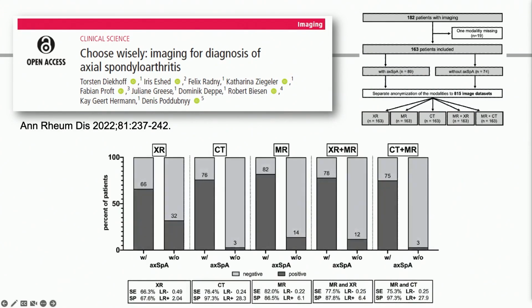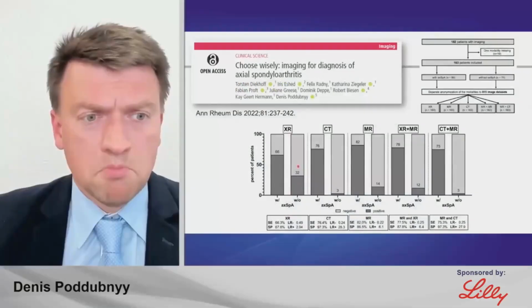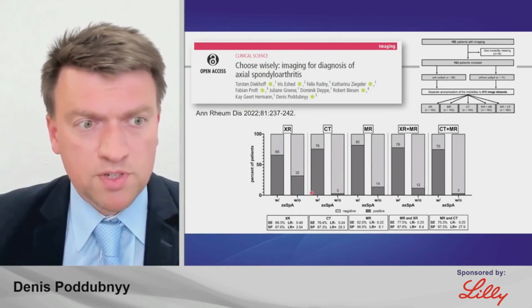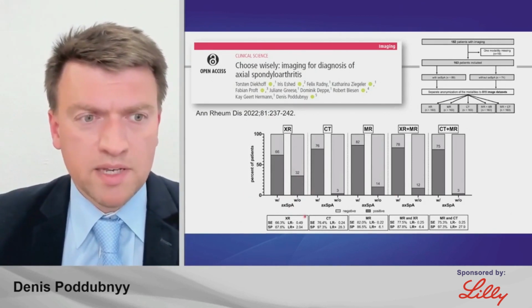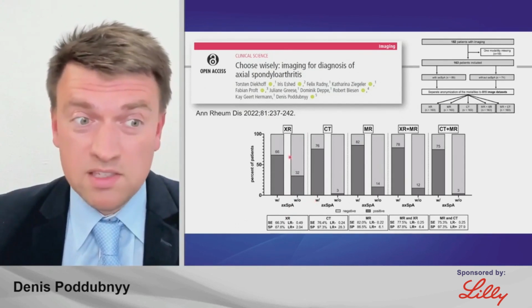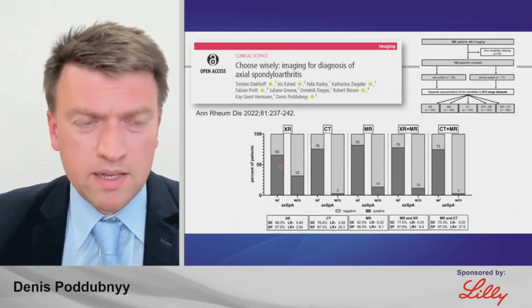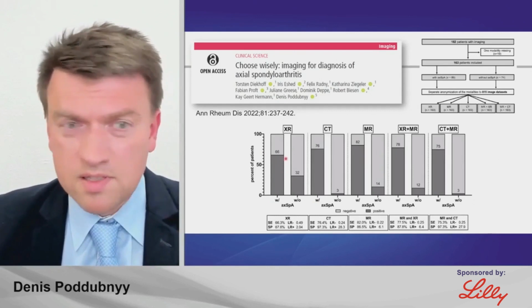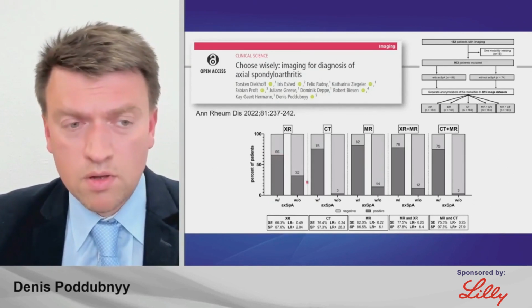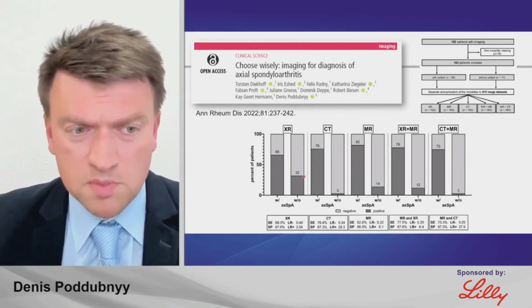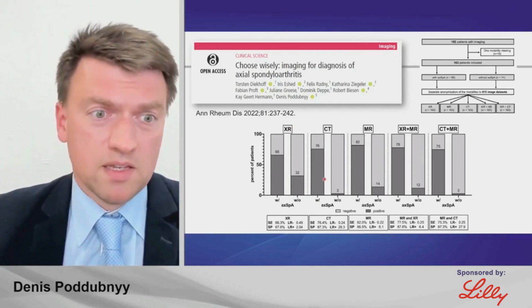Here you see the major results. Here you see the sensitivity and the specificity of the finding, or a proportion of false positive findings. If you look at X-rays, then you realize that this method is neither really sensitive, only 66%, nor very specific, with a specificity of about 70%.